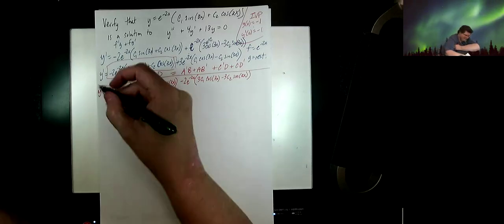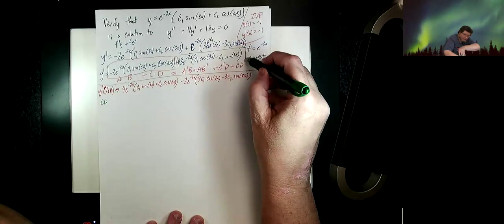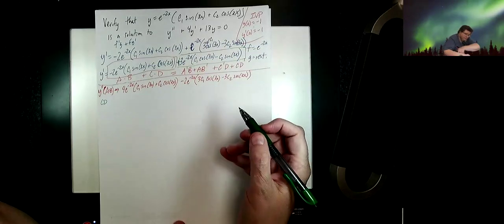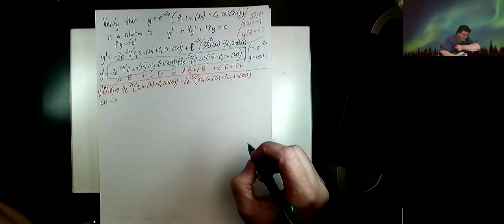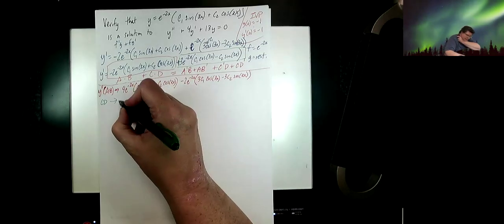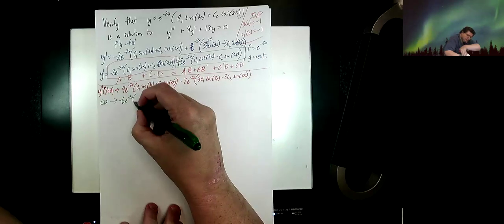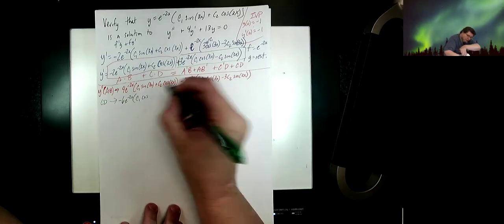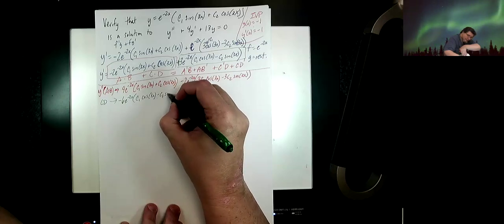And then we'll do our CD portion, the second part. If I take the derivative of the e to the negative 2x, this is negative 6 e to the negative 2x times C1 cosine 3x minus C2 sine 3x.